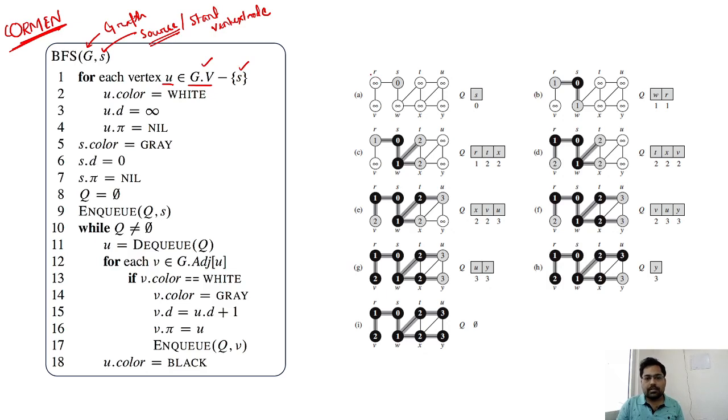Here the vertices are r, s, t, u, v, w, x, y. There are 8 vertices. You keep only one vertex as your starting vertex. Excluding that, all the other vertices you put in a for loop first. In that for loop, the color of all the vertices excluding the source is set to white first. All are colored white.